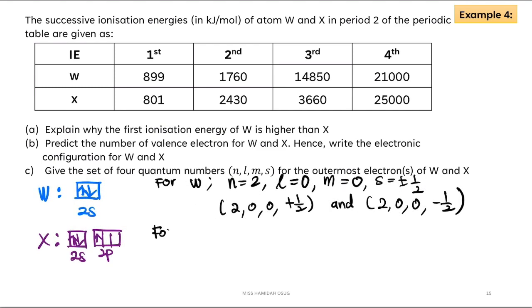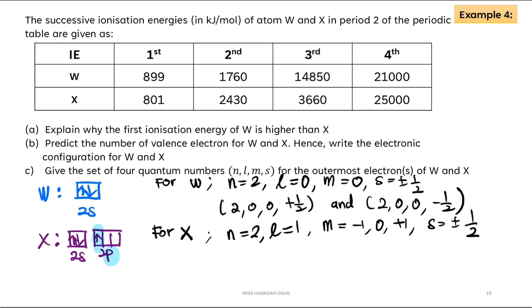Next, for X, okay, we only have 1 outermost electron which is located in the 2p orbital. So meaning to say, for X, n is equal to 2, l is equal to 1 sebab dia p orbital, maka m kita boleh jadi negatif 1, kosong dan positif 1, dan s kita sama dengan positif and negative half. Okay.